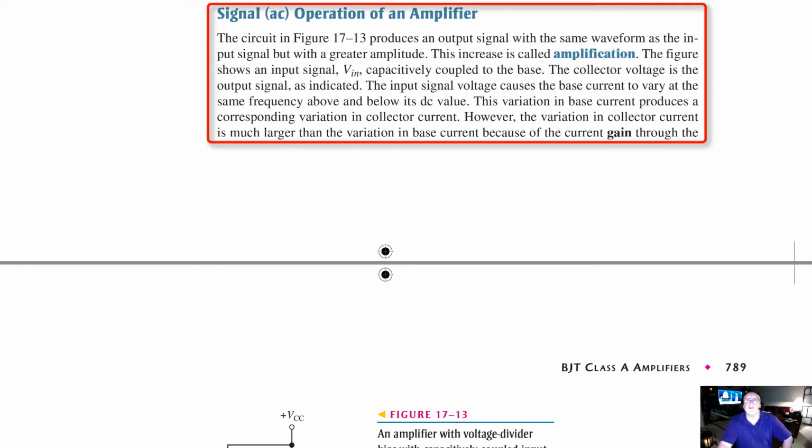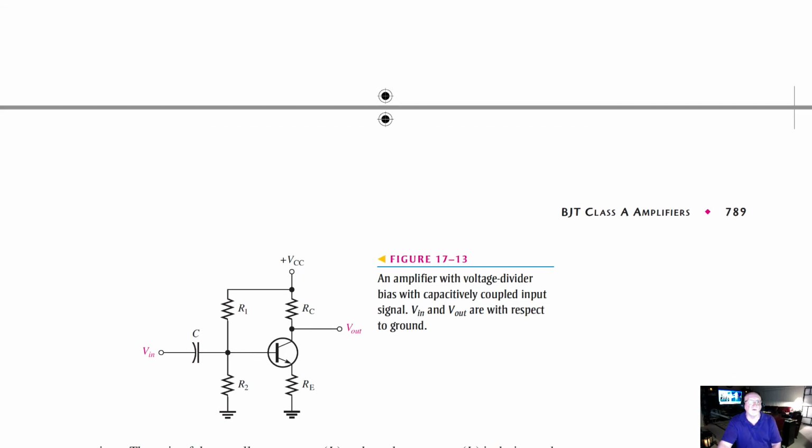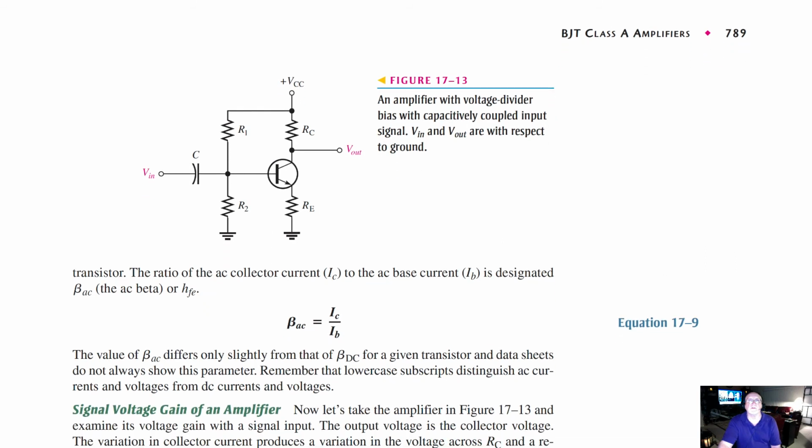This variation in base current produces a corresponding variation in collector current. However, the variation in collector current is much larger than the variation in base current because of the current gain through the transistor. So let's roll this up.